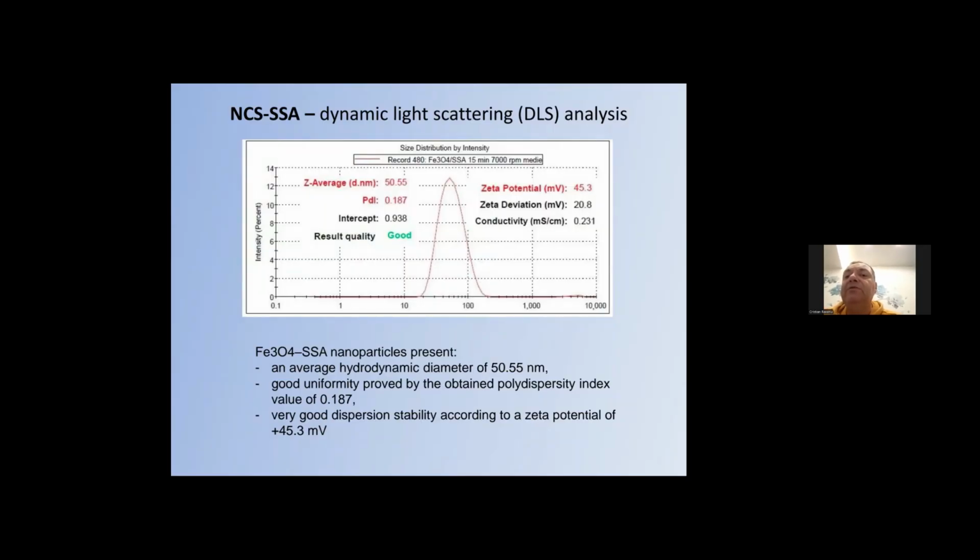We obtain a good uniformity proved by the polydispersity index value, which is 0.187, and a very good dispersion stability according to the zeta potential. So a zeta potential of 45 millivolts proves a very good dispersion stability.